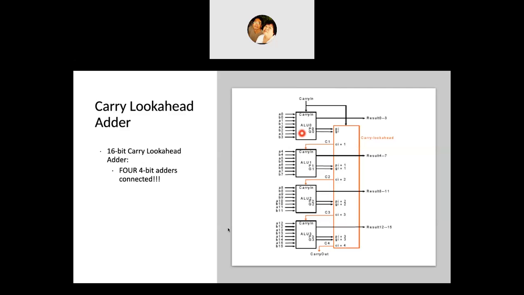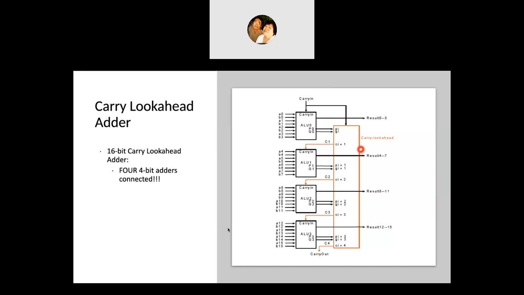This one box here is a 4-bit carry lookahead adder. Another one, and another one. So we have 4 boxes of 4-bit carry lookahead adder. But instead of connecting them directly, the same way as we did with the ripple adder, we have the second level carry lookahead adder like this.